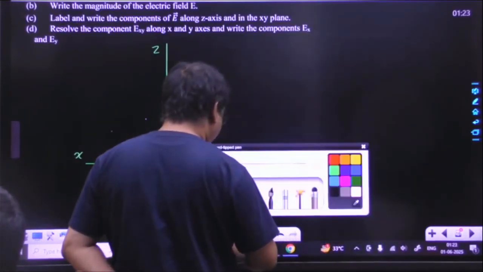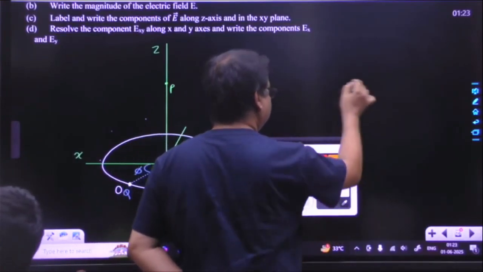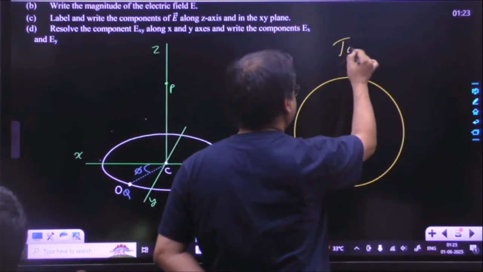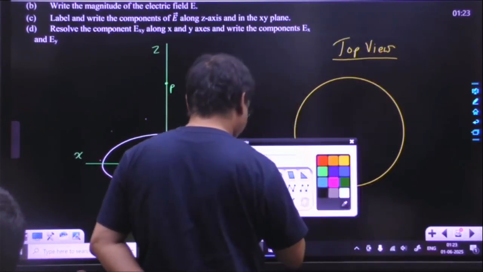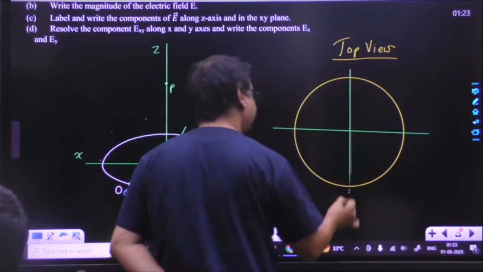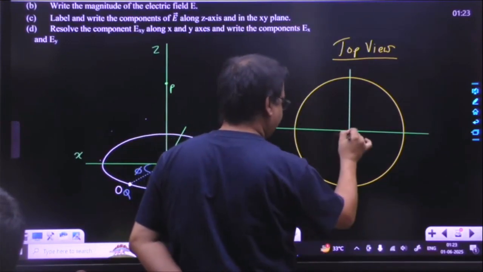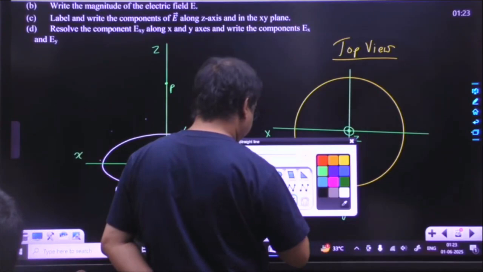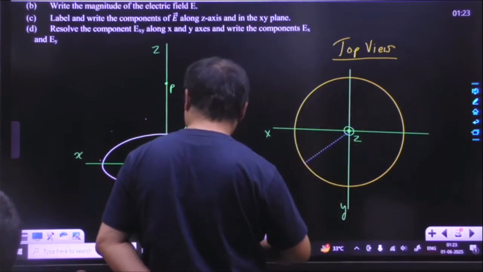If you are making the top view, suppose you are observing from the top of the ring, you will see something like this. This is the x-axis and this is the y-axis, correct? And this will be your z-axis, a dot coming towards you, and this is the azimuthal angle phi.